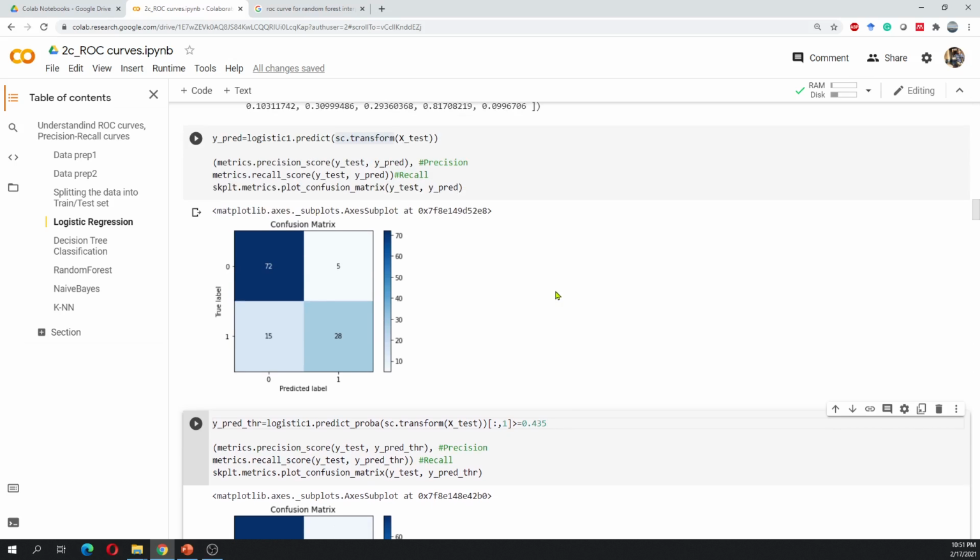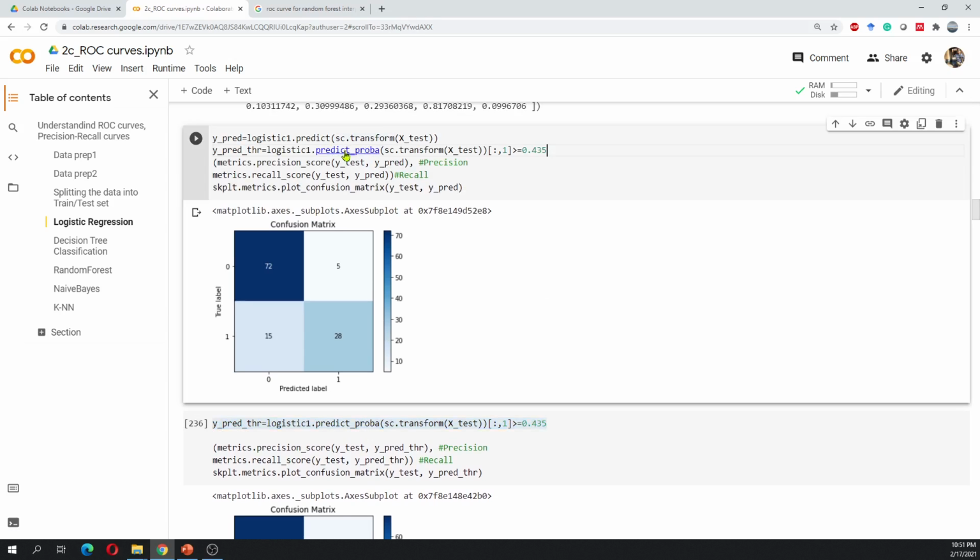So this here, I'm going to use it over here, and I'm just going to comment this out, just to demonstrate that this is actually the 0.5.